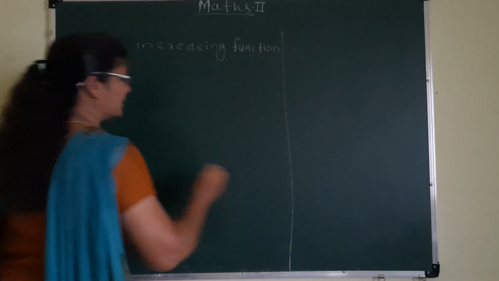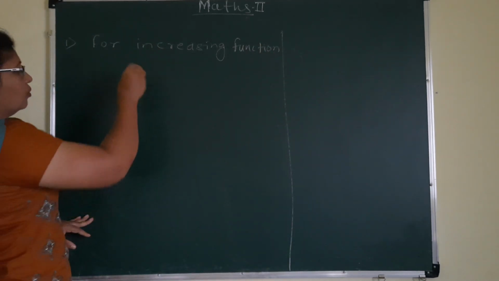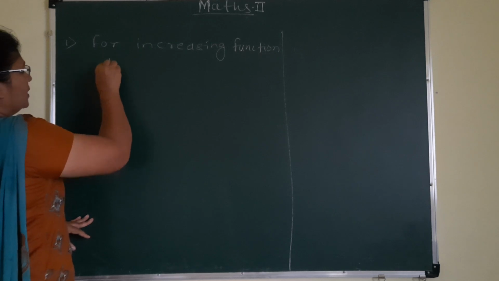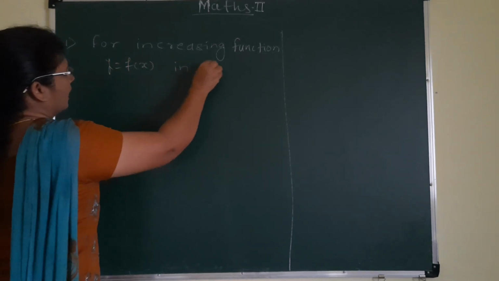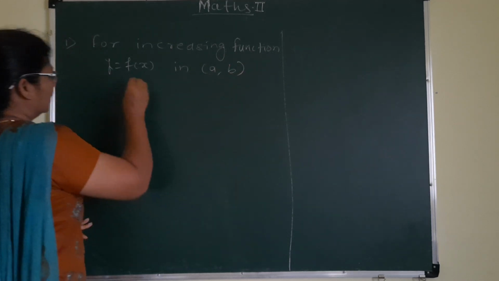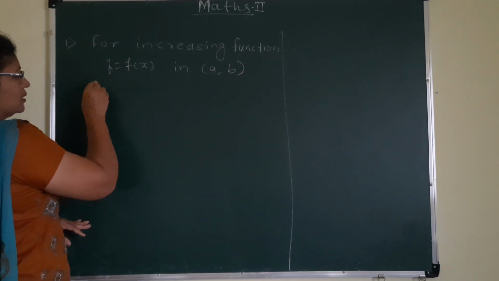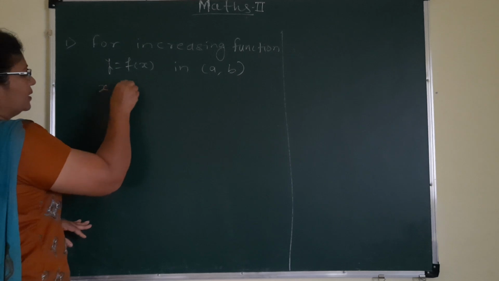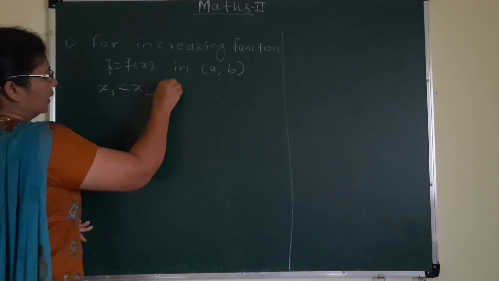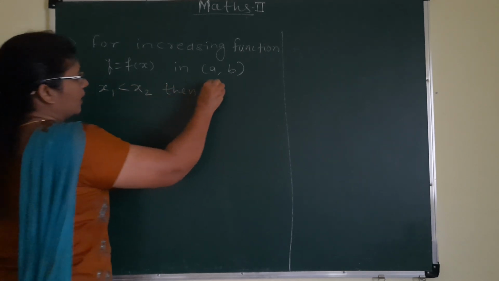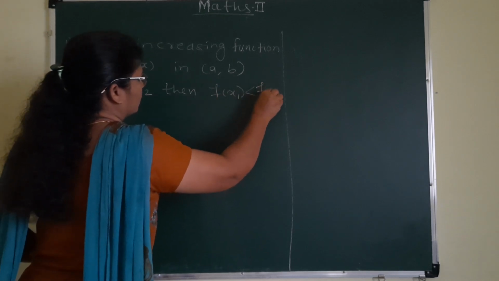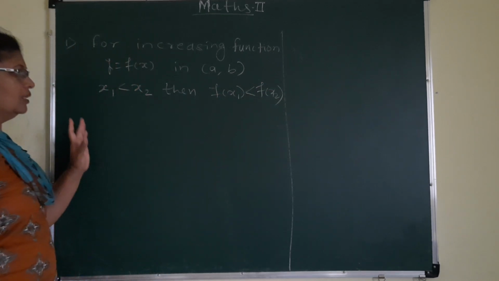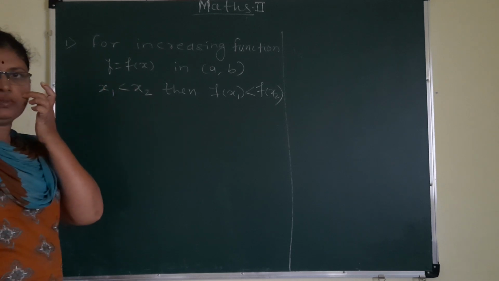We know a function y is equal to f of x in the interval a to b is increasing when x1 less than x2 implies f of x1 is less than f of x2. This is the meaning of increasing function.